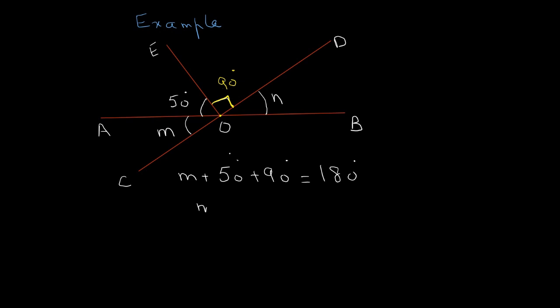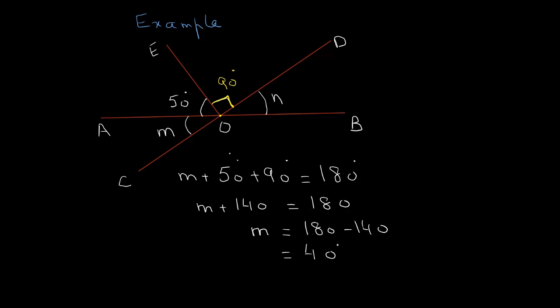So this becomes m plus 140 is equal to 180, and then we can subtract 140 from both sides, and we're going to get m is equal to 180 minus 140, which is equal to 40 degrees. So m turns out to be equal to 40 degrees.